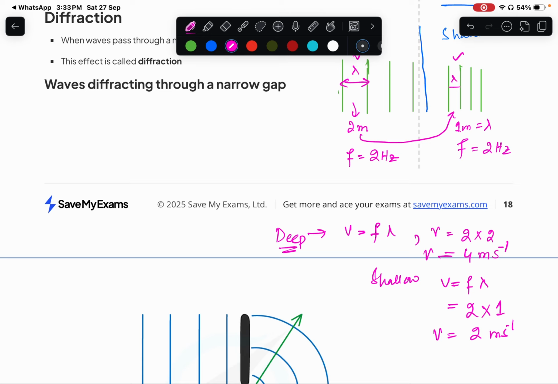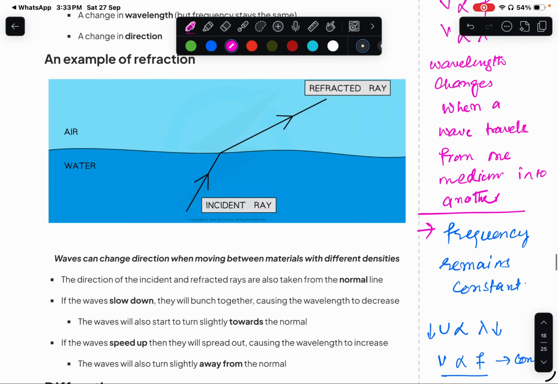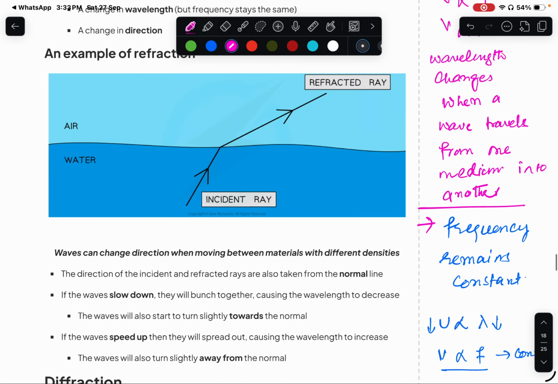Because the wavelength is half, so is the speed. Okay, so we can read these points over here. A few things you need to know: the speed changes because the wavelength changes, but the frequency remains constant, right?